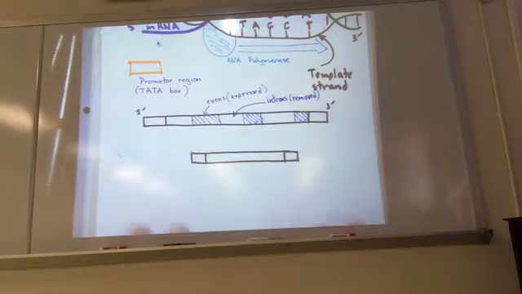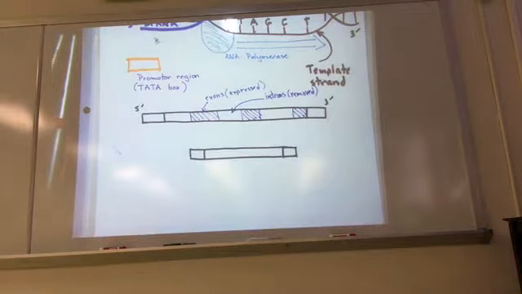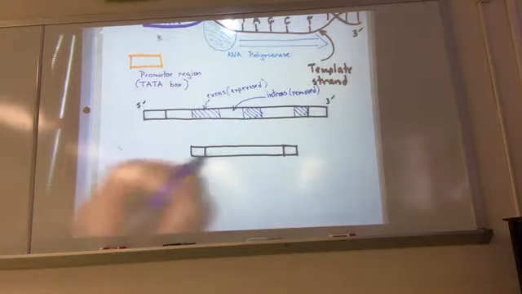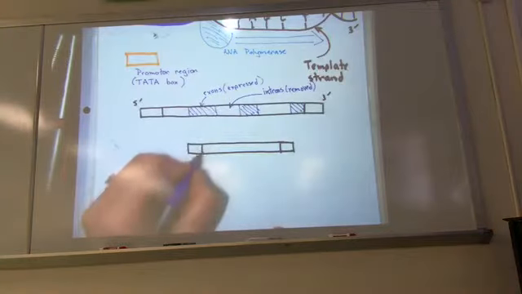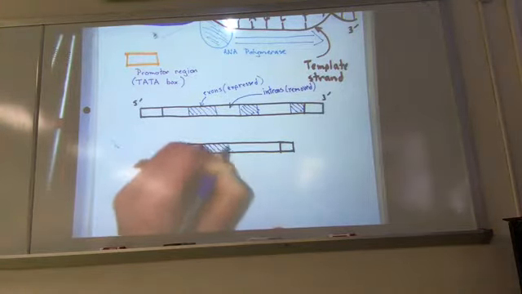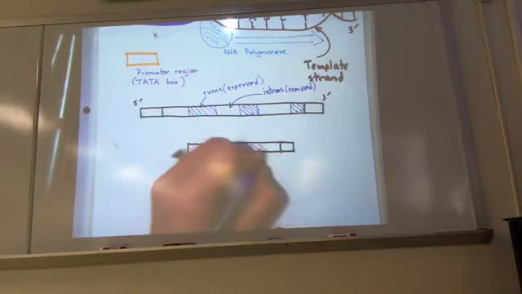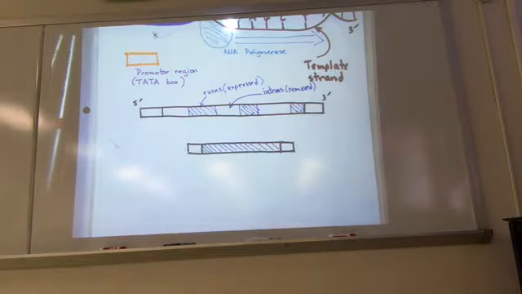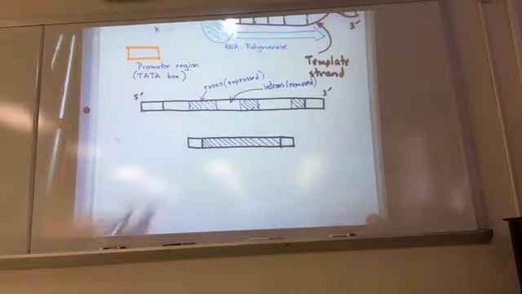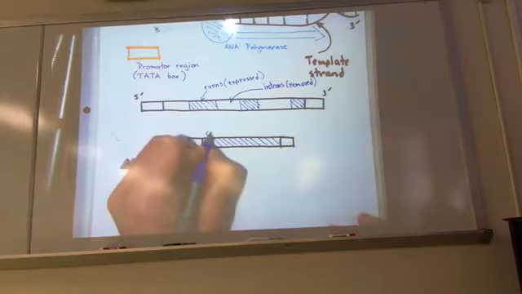So then once the introns are removed, what happens is I am left with the exons spliced together. And this is called the coding segment.